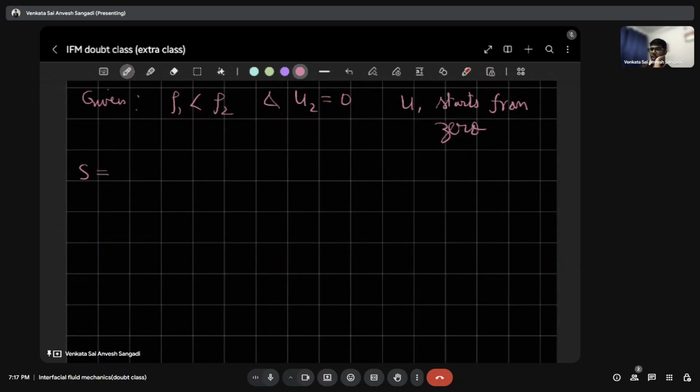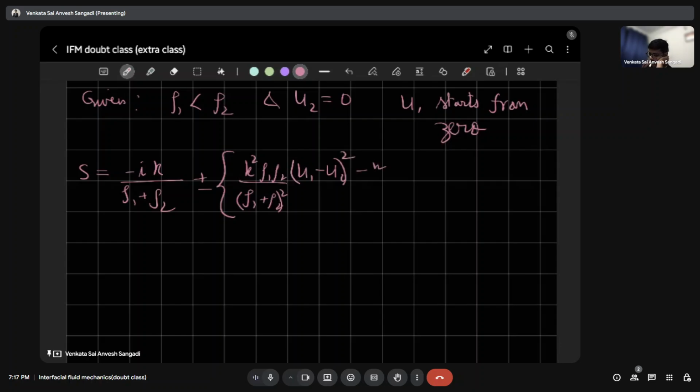If we work it out, S comes out to be ik by rho 1 plus rho 2, plus minus the square root of k square rho 1 rho 2 by rho 1 plus rho 2 whole square times u1 minus u2 whole square, minus mg rho 1 minus rho 2 by rho 1 plus rho 2, minus m cube gamma by rho 1 plus rho 2, whole power 1 by 2.